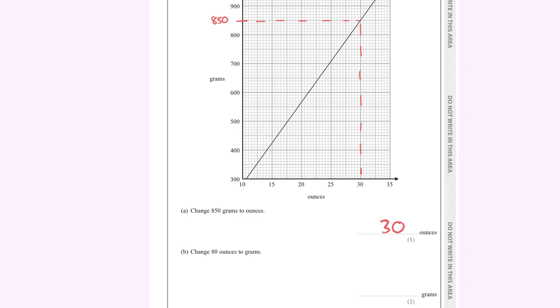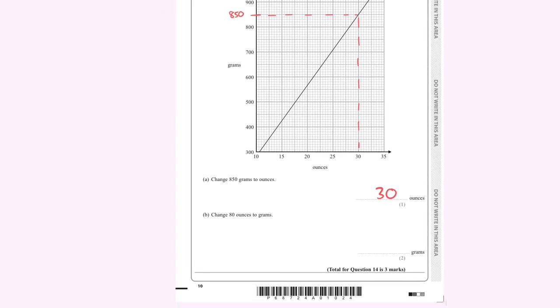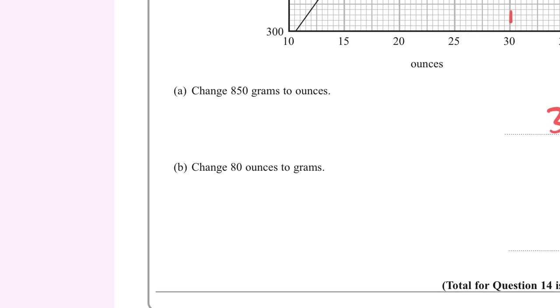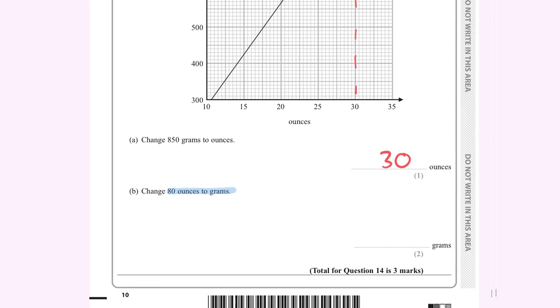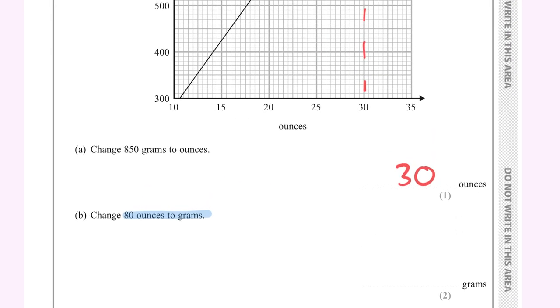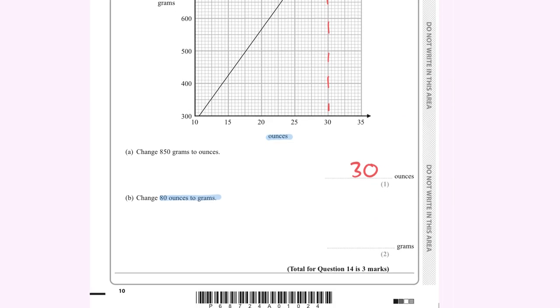Right, and then we're in a bit of a weird one, because it says 80 ounces. Well, if I look at my ounces, it only goes up to 35. So we can't go directly there. But what we can do is find a multiple of it, I mean, 80 as a multiple of another number.